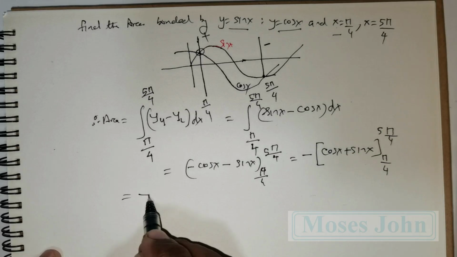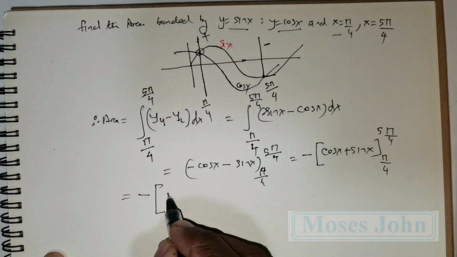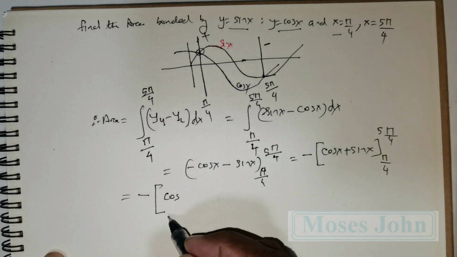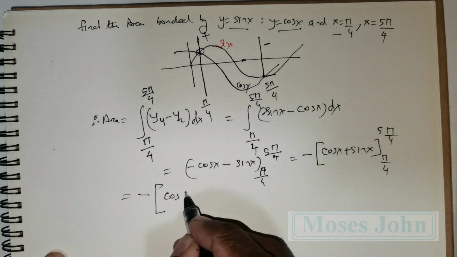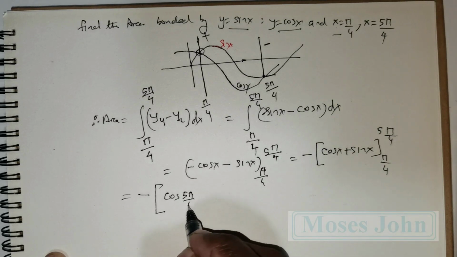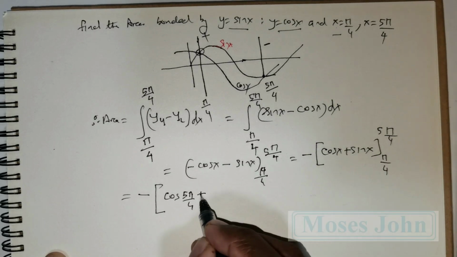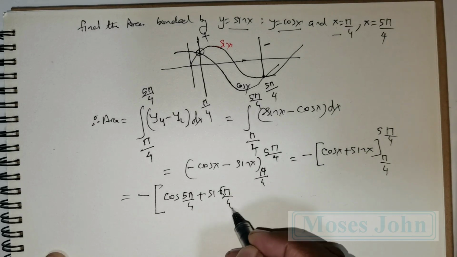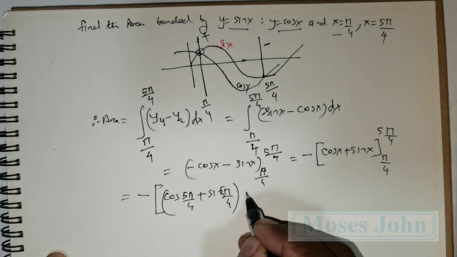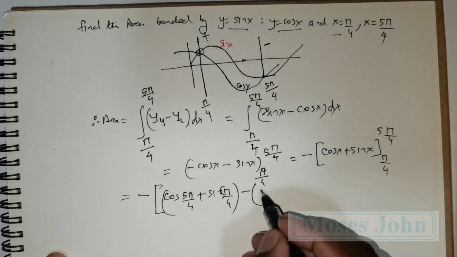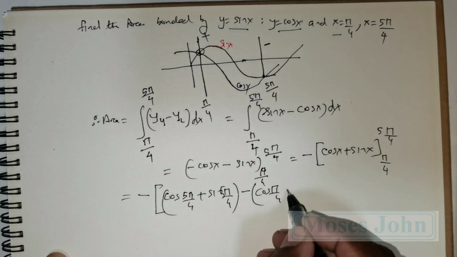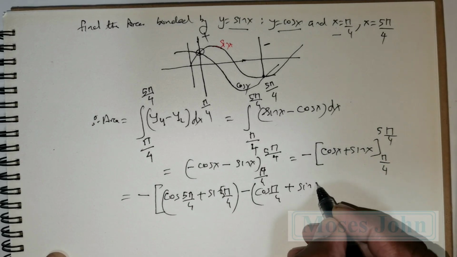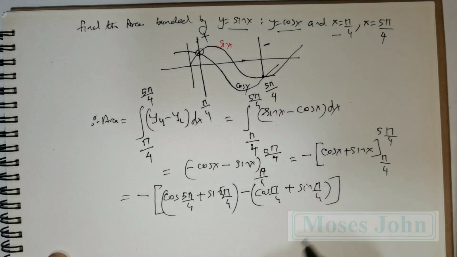Now this is going to be negative of, substitute the upper limit. If you substitute the upper limit, it's going to be cos 5 pi over 4 plus sin of 5 pi over 4. This is upper limit minus lower limit. Lower limit is cos pi over 4 plus sin pi over 4.